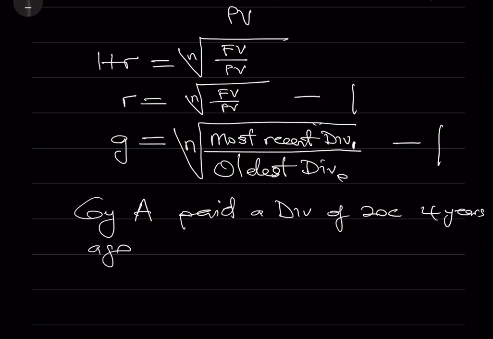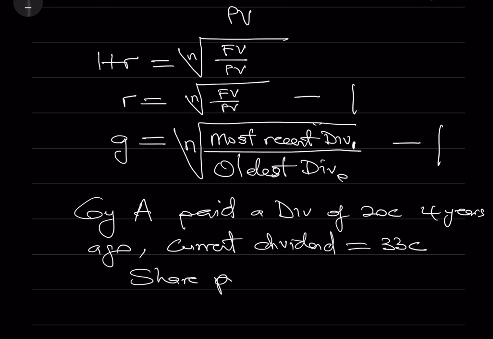Let's say the current dividend is 33 cents, and the share price is $6 ex-div.